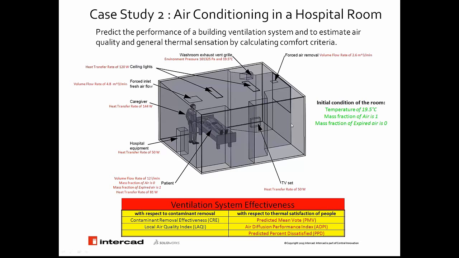For the outflow, we have the first exhaust vent grill, with environmental pressure at 19.5 centigrade, and also the forced air removal with a volume flow rate of 2.6 cubic meters per minute. So different sources of heat, inflow and outflow, and there are two sources.